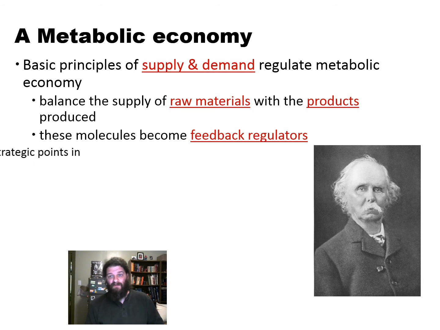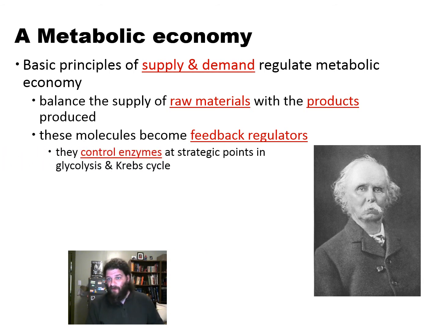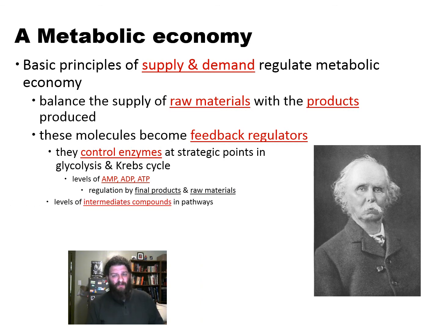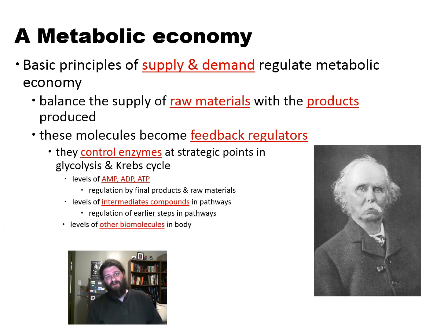And that's why there are these feedback regulators, those control enzymes like phosphofructokinase in glycolysis, being controlled by AMP, ADP, and ATP, all indicating the amount of energy that's available.